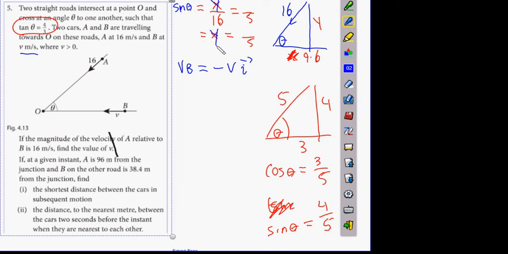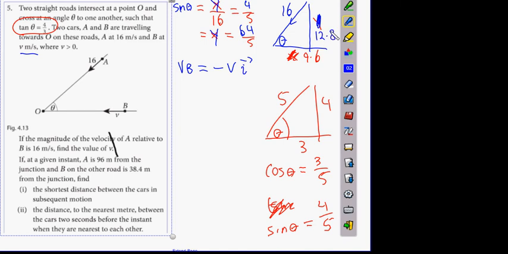And then y over 16 has to equal sine theta, which is 4 over 5. So this time it's going to be 4 times 16. 4 times 16 is 64. What's 64 divided by 5? Yeah? What? 12.8.